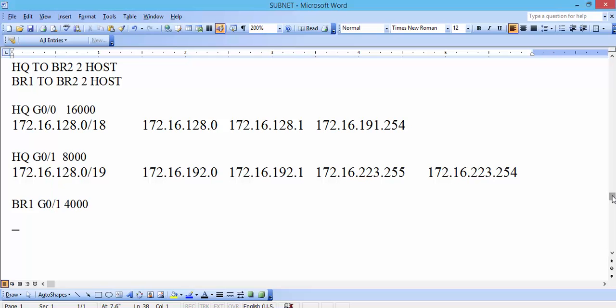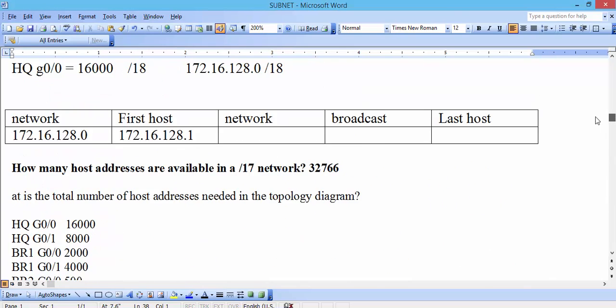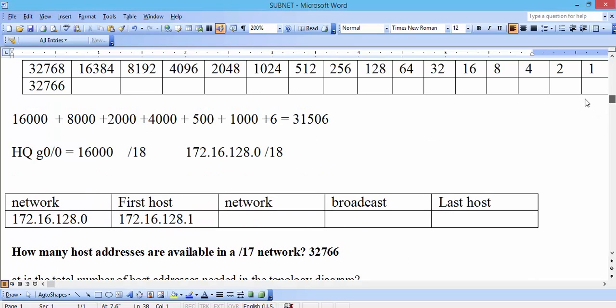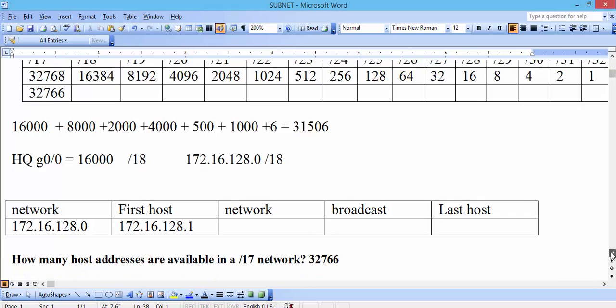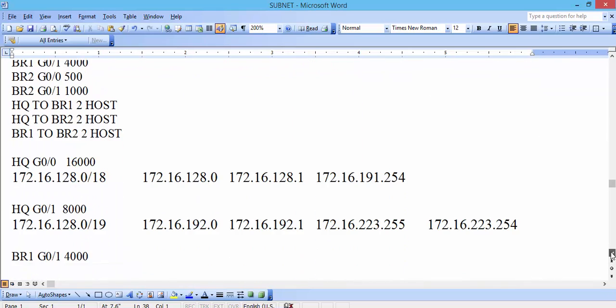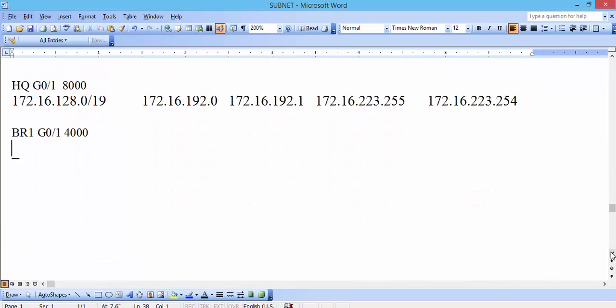So for the 4,000 hosts, let's look at our tables. For 4,000 hosts, it falls into this range, and it is /20. So this is going to be a /20 subnet mask.